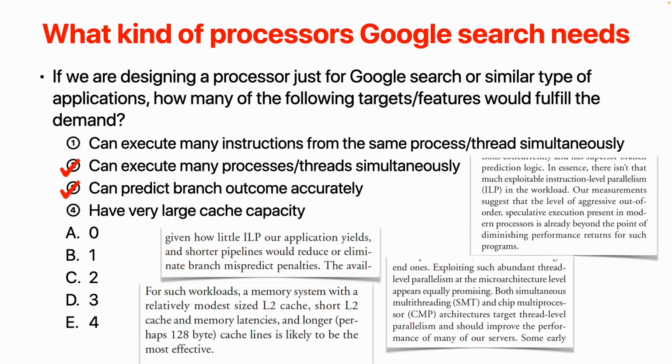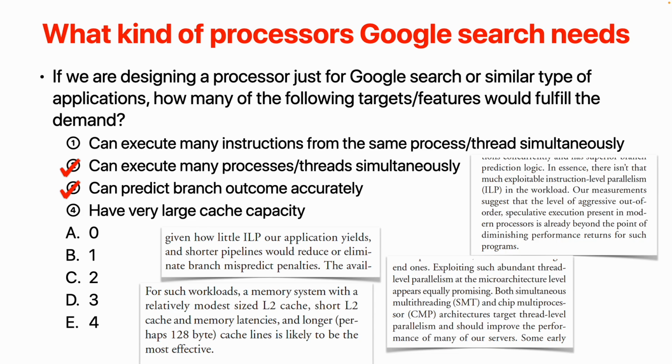So don't use your own intuition in system design. Read the paper. There is a paper talking about this system and why they make these decisions. You will figure out it's very counterintuitive.